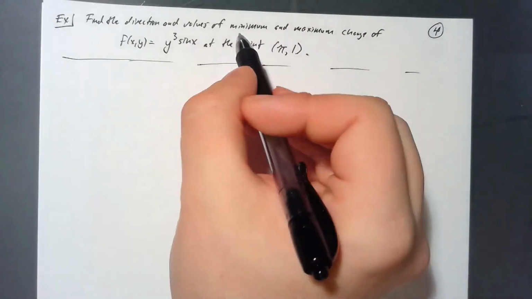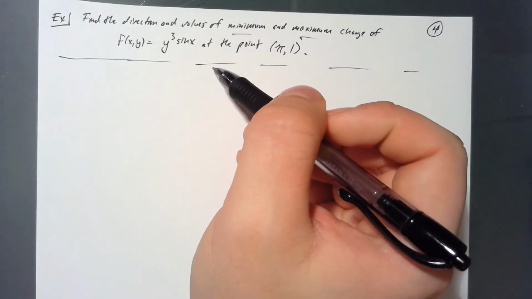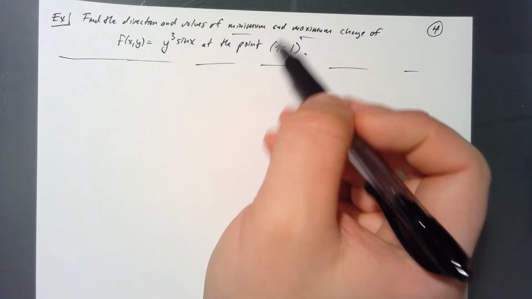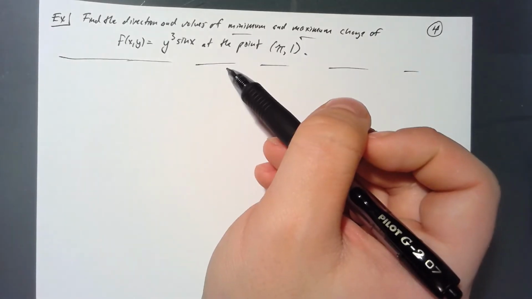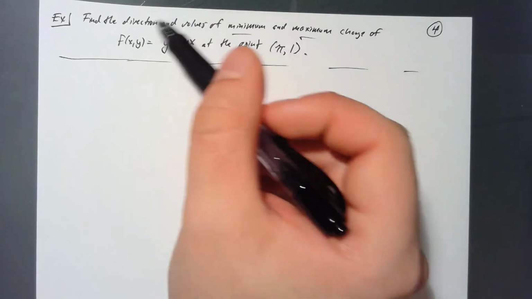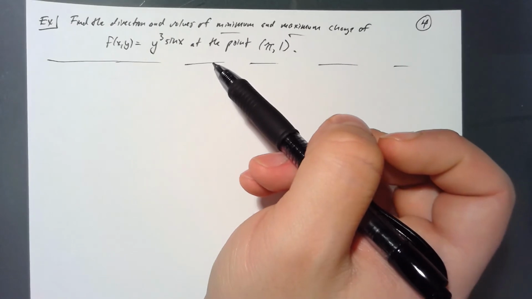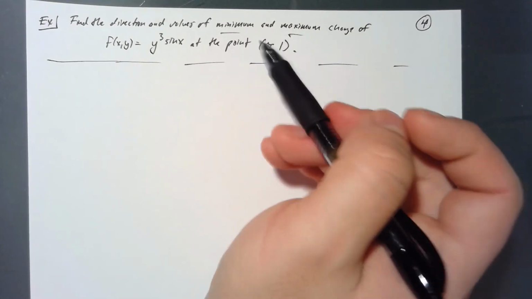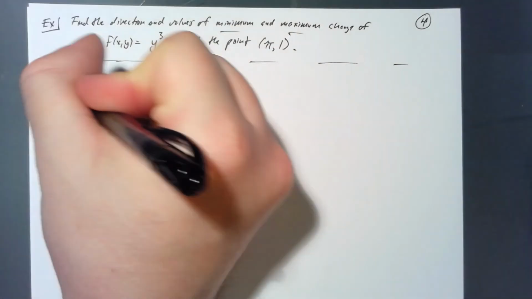So you're trying to find the minimum and maximum change of this function. Based upon what I just told you, that is the gradient of this function at this point. Then you take the magnitude of that vector and you get the value, and we're going to interpret that and say what direction it is going in. Okay, so take the gradient.